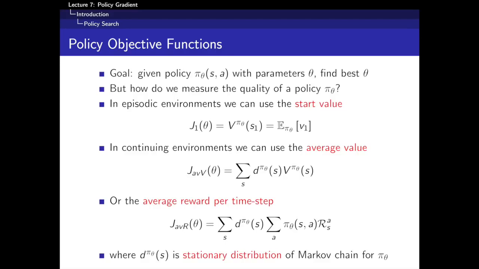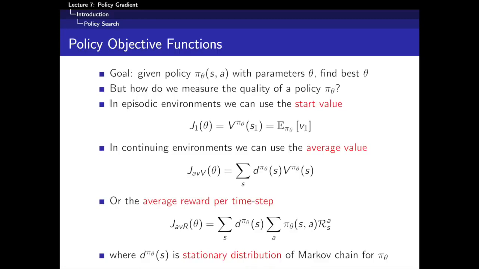Or we might consider another formulation, which is the average reward per time step. Let's consider some continuing environment. I'm going round and round and round, and all I care about is to make sure that per time step I'm getting the most reward. So we're not summing these rewards over time, we're just taking the average of my immediate rewards over the entire distribution of states that I visit.